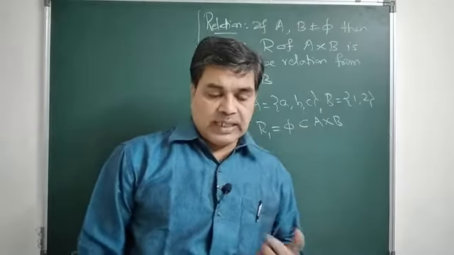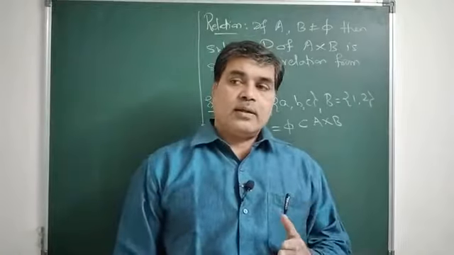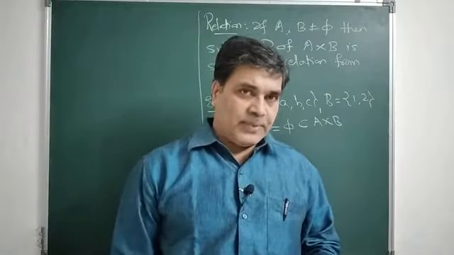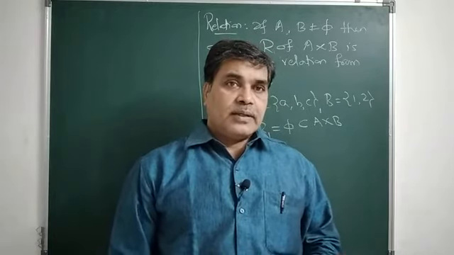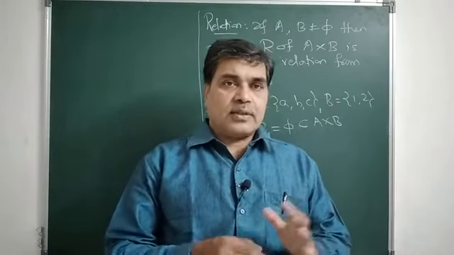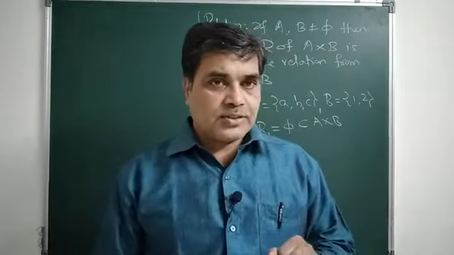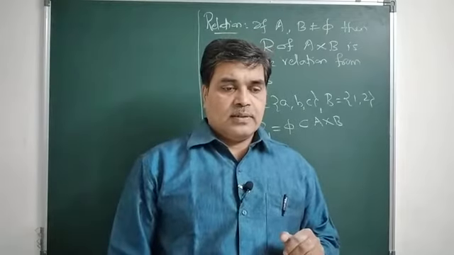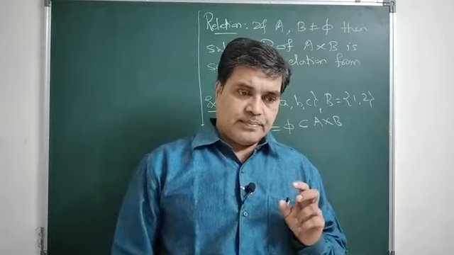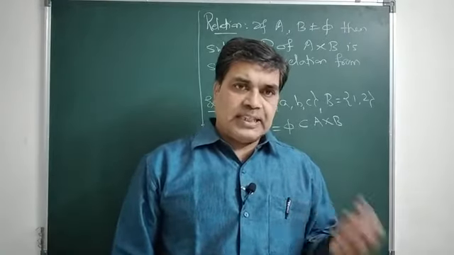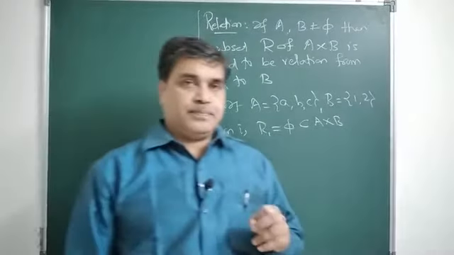In our usual life, if I take A to be the set of all males and B to be the set of all females, or in our class, if A is the set of all boys and B the set of all girls in our class, and then I take R to be the relation containing those pairs (a, b) such that a is husband of b.